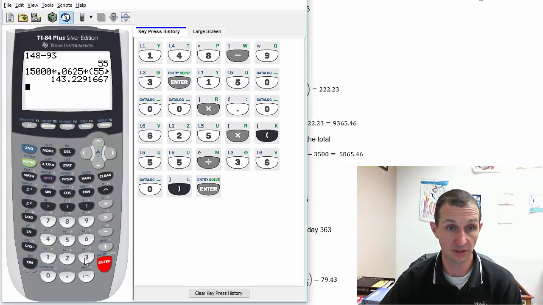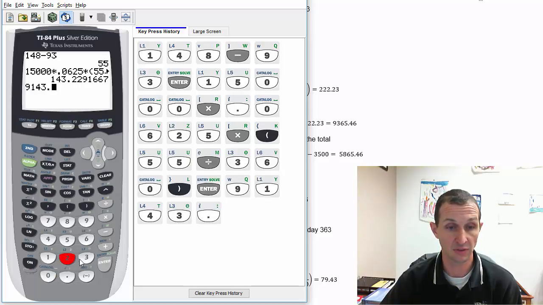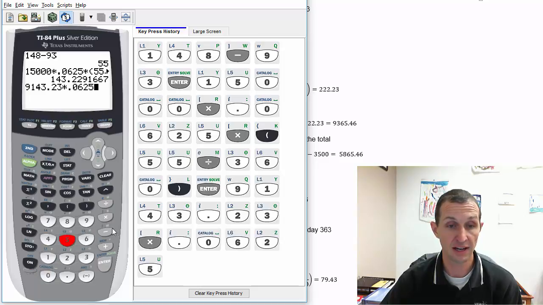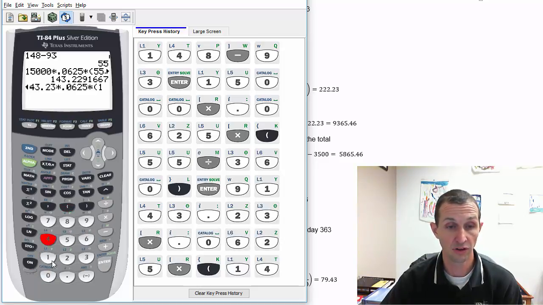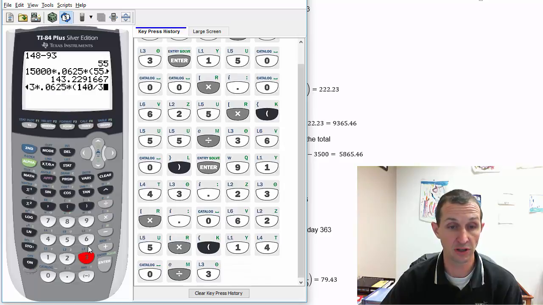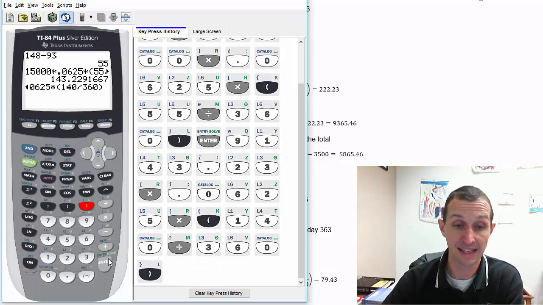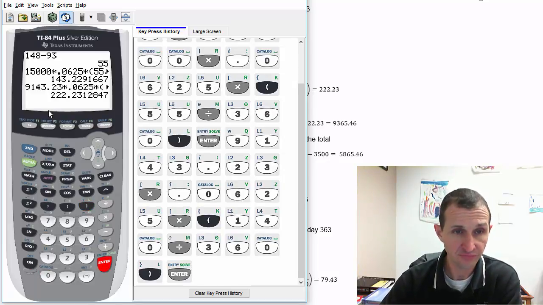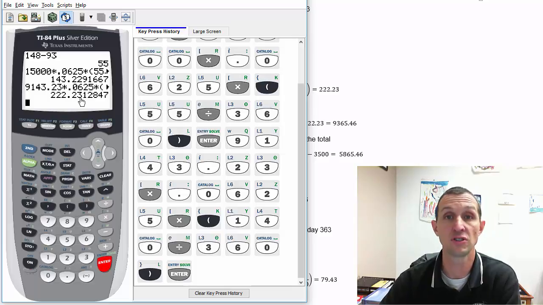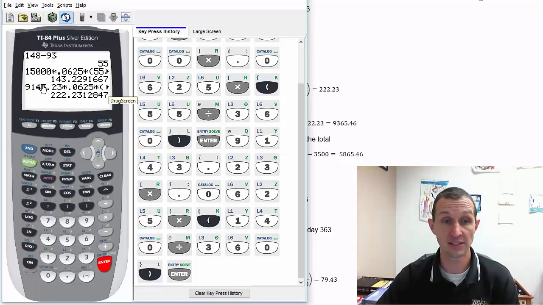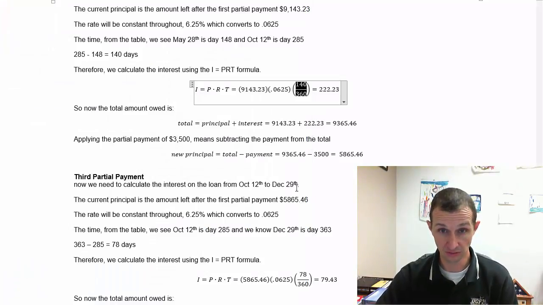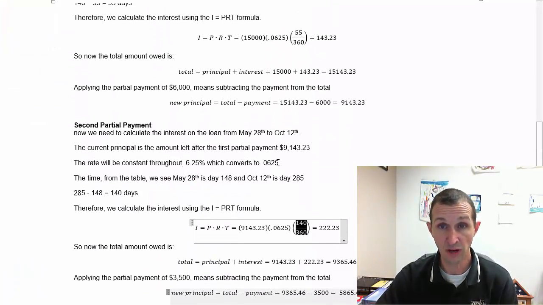And so, again, I'm going to have the $9,143.23 times the 0.0625 times 140 days out of 360 days in a banker's year, right? Because we're doing days in a banker's year, and I end up with $220.23.